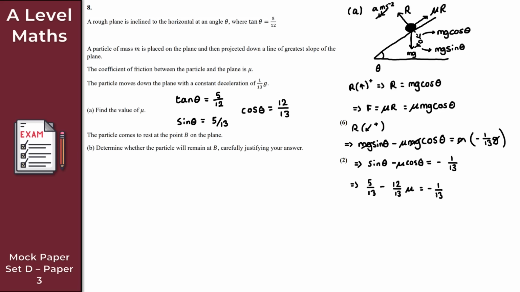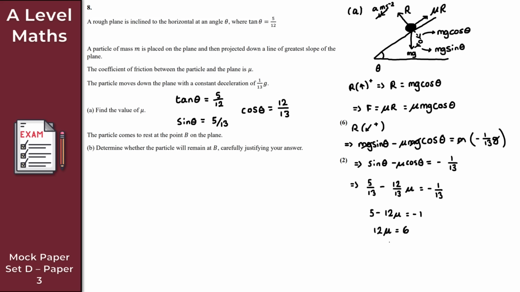Okay? So to make my life a little bit easier here, right, let's just times through by 13. It should just simplify the calculations here. So I get 5 minus 12 mu is equal to minus 1. I'm going to add 12 mu to both sides here and add 1 to both sides. So I get 12 mu is equal to 6, like so.